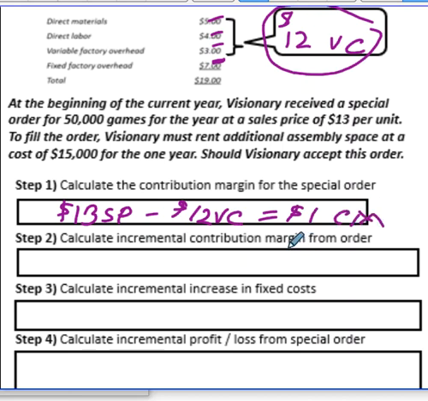Now, based upon the volume that the company is ordering, the $1 contribution margin times the 50,000 game volume means that we're going to have a $50,000 incremental contribution margin for the year in total. That's going to have to cover any fixed costs and then add to net profit.